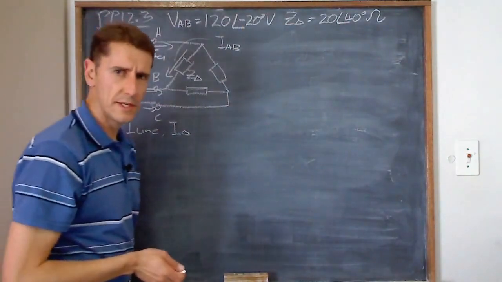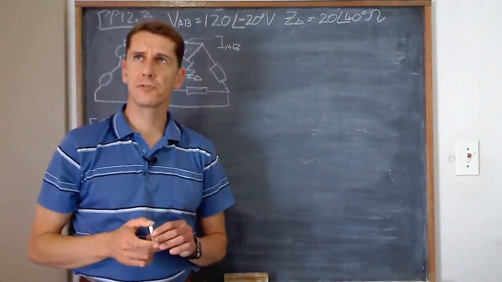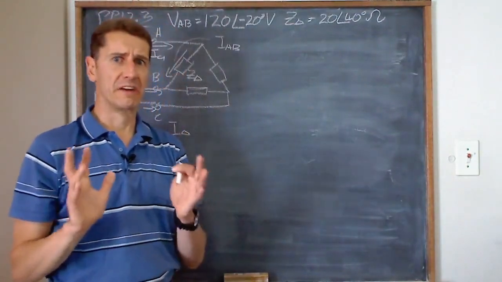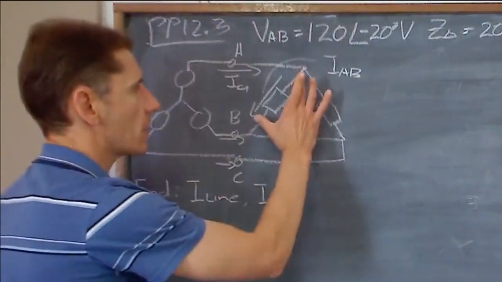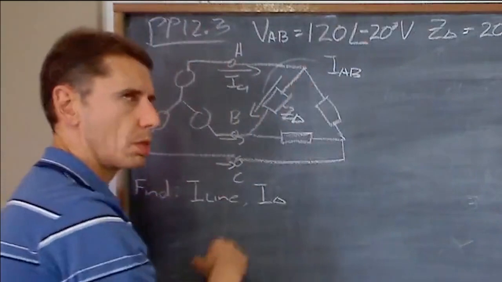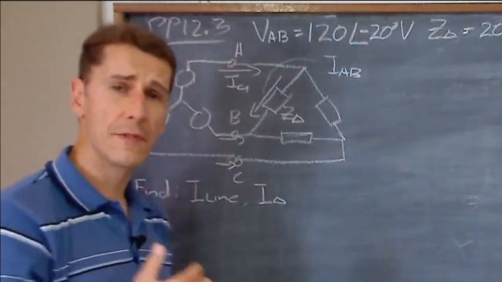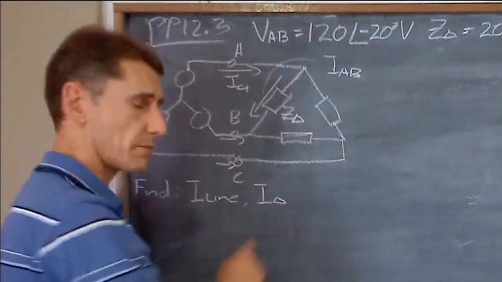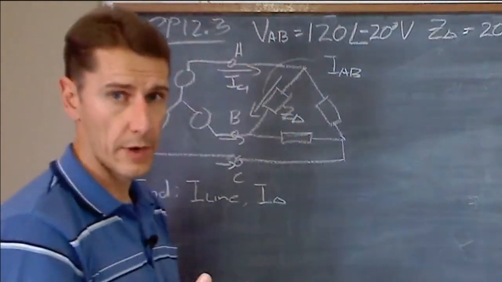Which one first? Which one is the easiest to do? And this is the part where you kind of have to forget that it's a three-phase circuit diagram. Just look at your circuit. I want the current through this impedance. If you want the current through an impedance, this IAB, which is the first of my delta currents, what do you need?